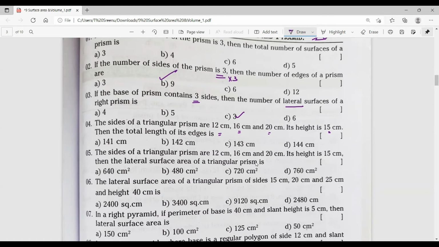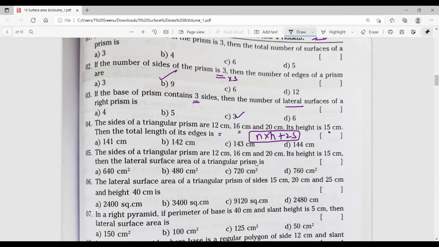N is the number of sides of the base, s is the length of the sides, then the formula is n into h plus 2s. Just do it and tell me.